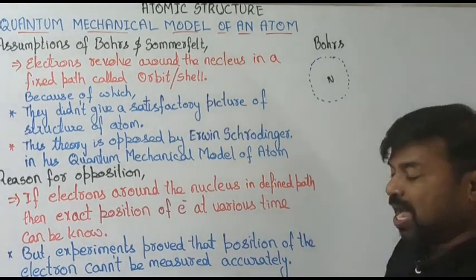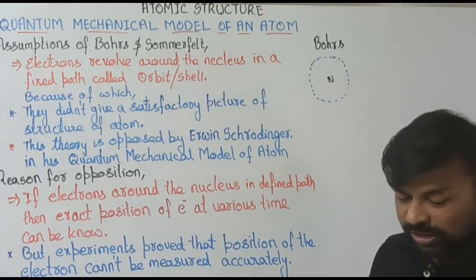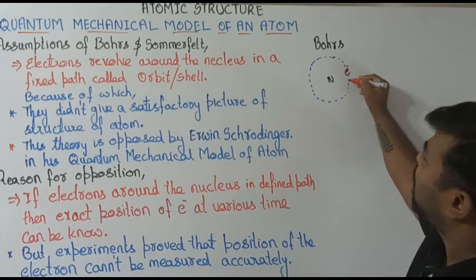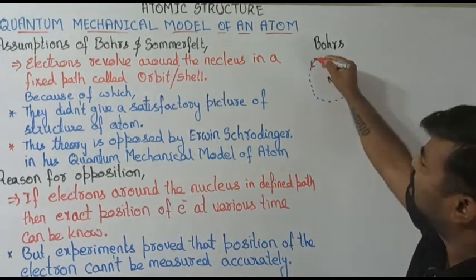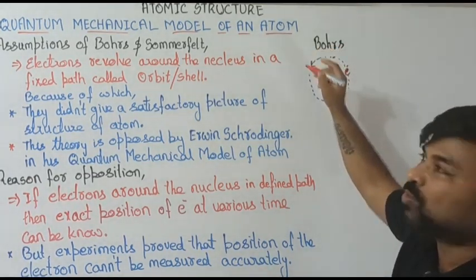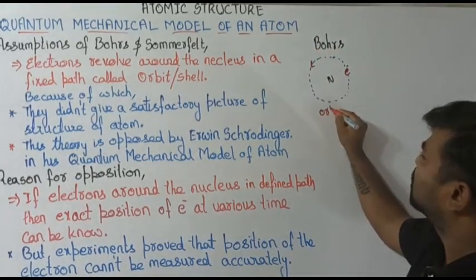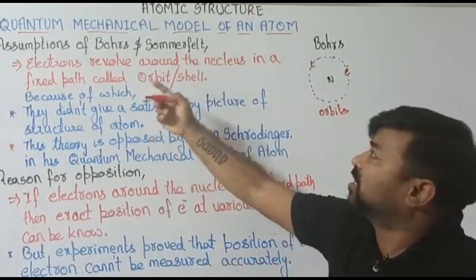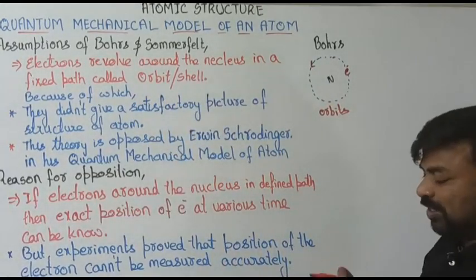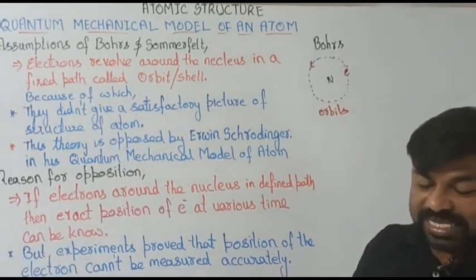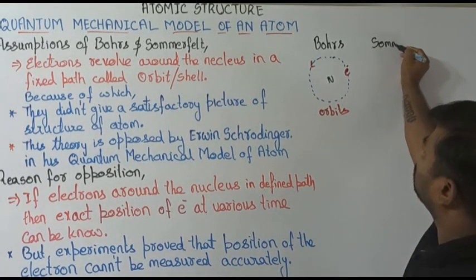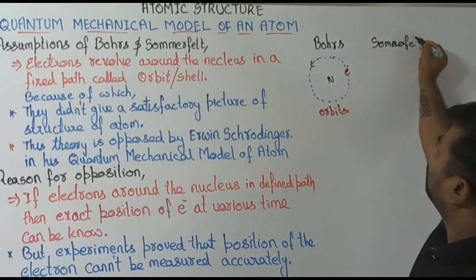Bohr is saying that electrons are revolving in a specified path, and these are called orbits, according to Mr. Niels Bohr. That is what he said. Again, what was Sommerfeld saying?